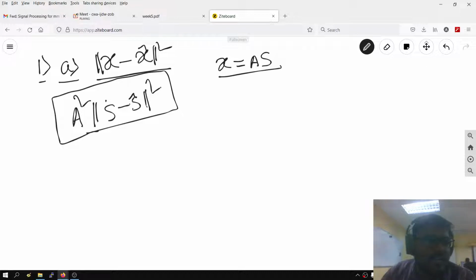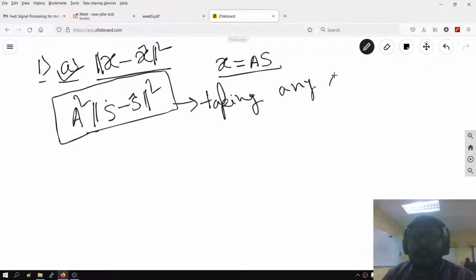So option A is sort of the right thing, but it is not taking any statistics. Why is it not taking statistics?